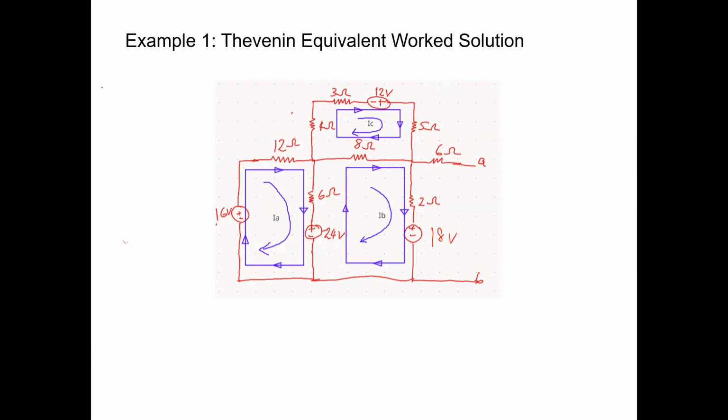If I start equation 1, on here, 12 IA plus 6 times IA, obviously I have this one minus IB. So 6 times IA minus IB. And then from that, we have the 24 volt source.